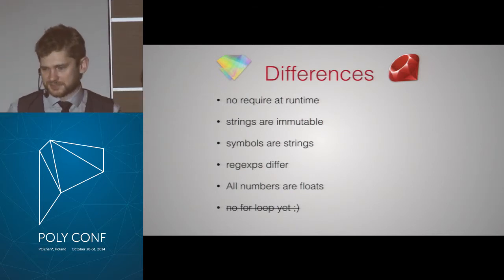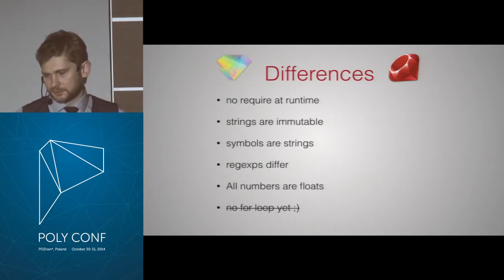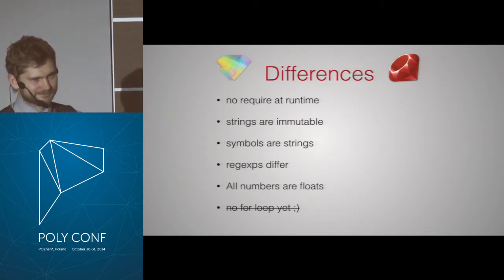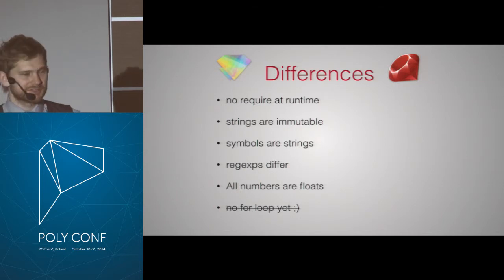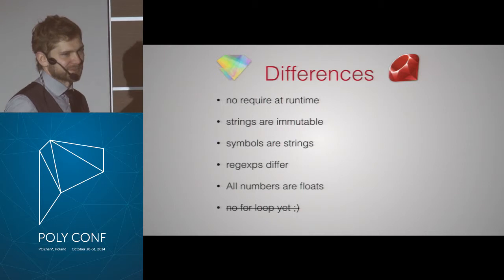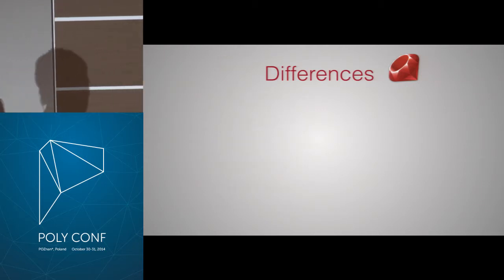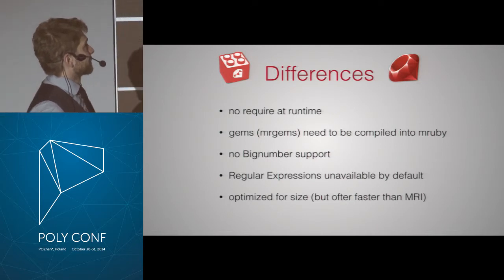So they just did a shortcut like that. Regular expressions are different. All numbers are floats, as in JavaScript. And it used to not have a for loop for some time, but they finally implemented it a few months ago, so there is a for loop already.